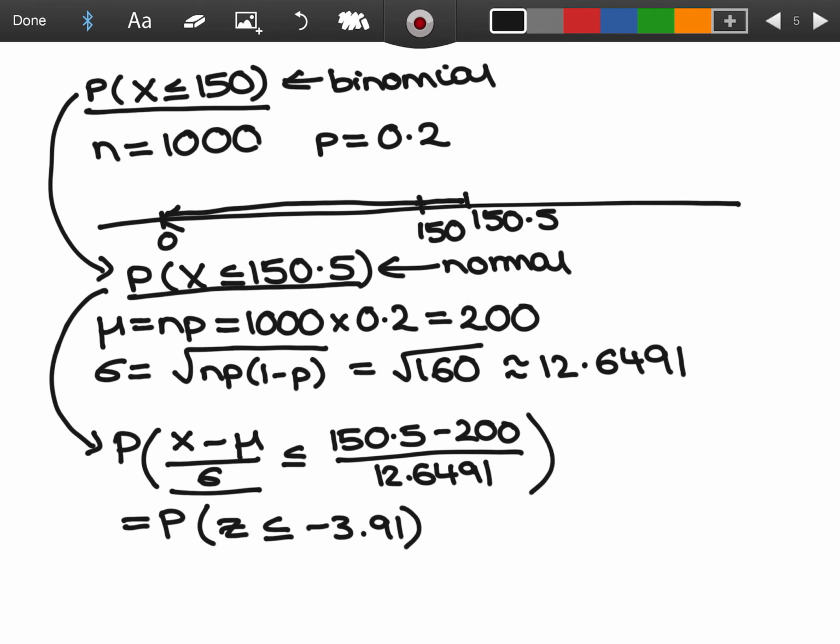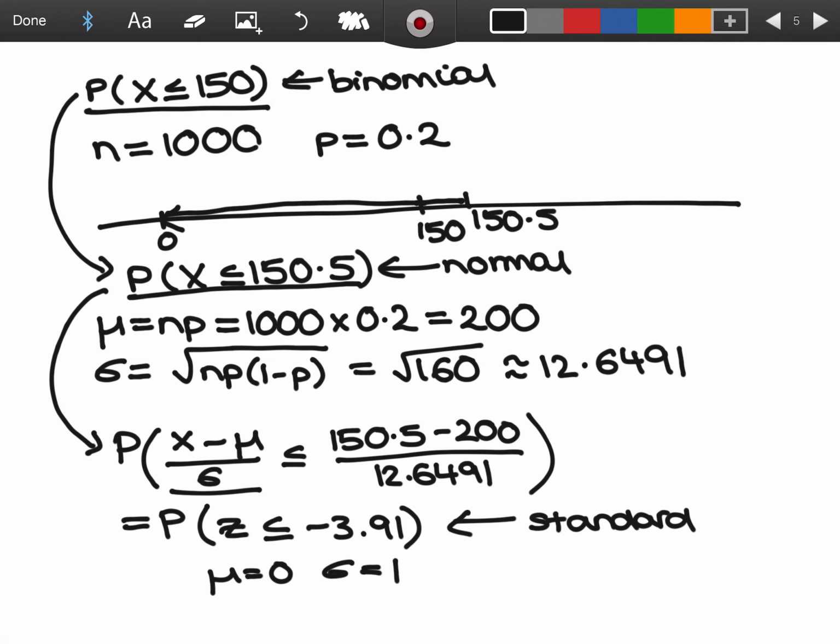Okay. What this is looking at is the probability that you have less than or equal to negative 3.91, but you now have a mean of 0 and a standard deviation of 1. Okay, so you are now in standard normal.